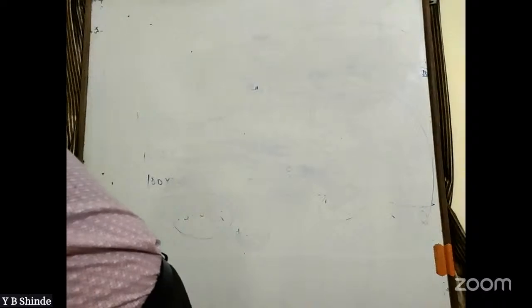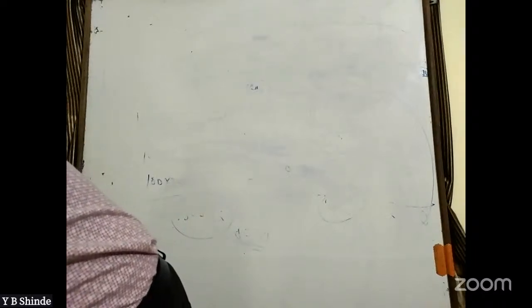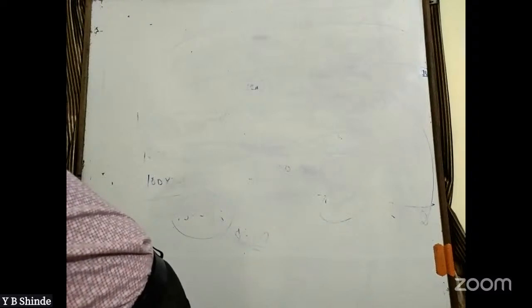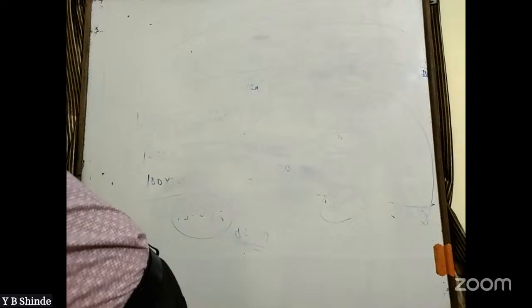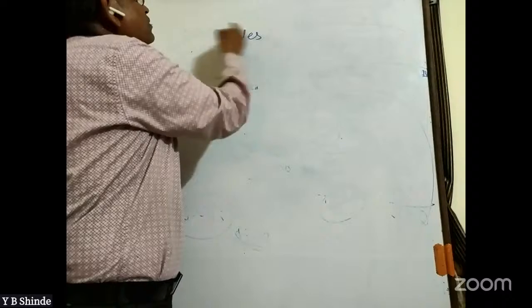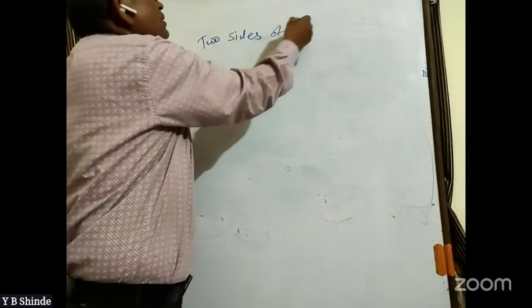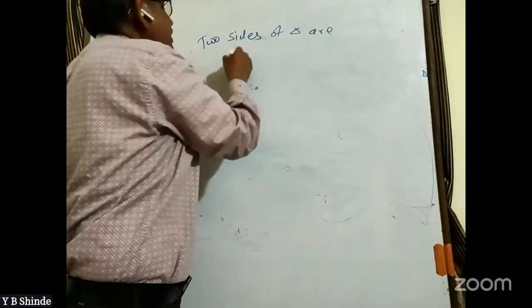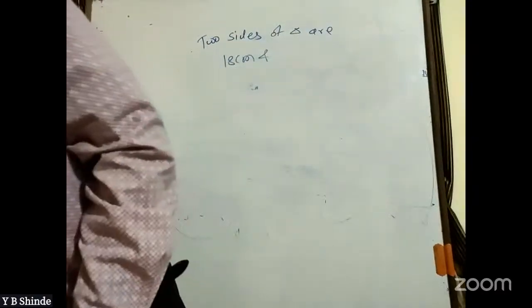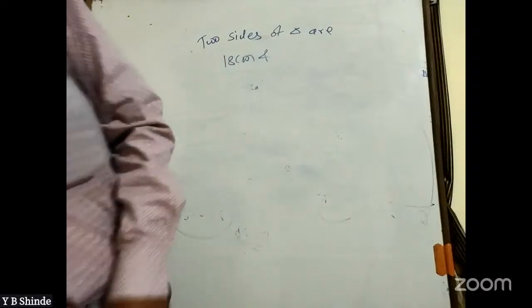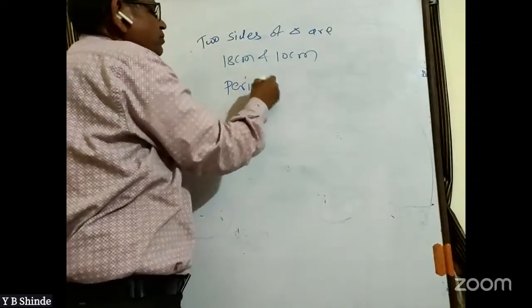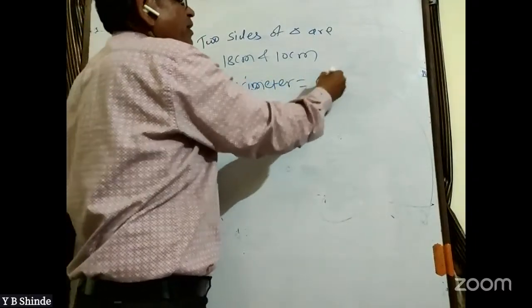The problem in front of me is that two sides of a triangle are 18 centimeter and 10 centimeter, and the perimeter is equal to 42 centimeter.